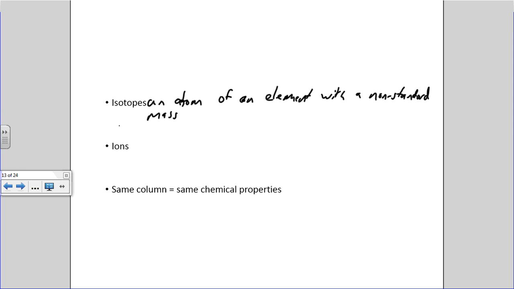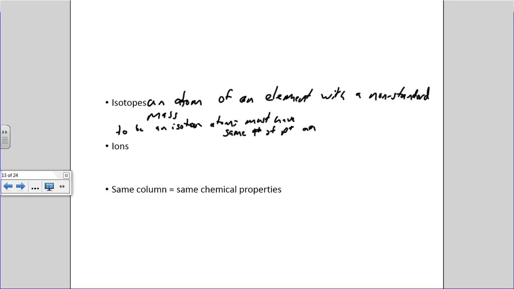So, to be an isotope, atoms must have the same number of protons. So same number of protons means it's the same element, because it's got to be atoms of one element. And so both these things must be true.